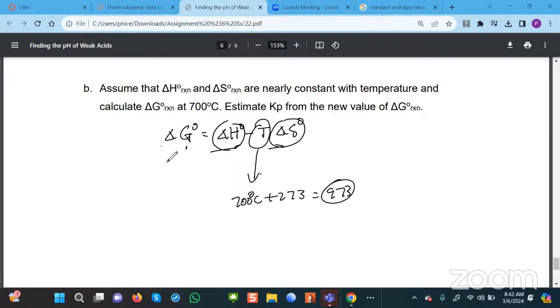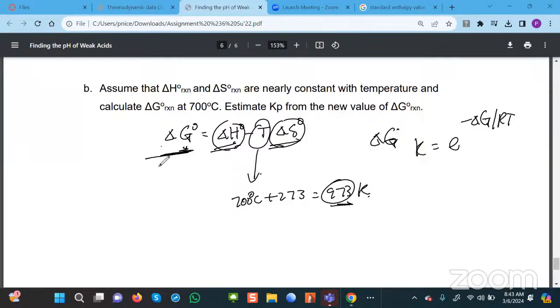So basically, you're going to find a new delta G value where the delta H and delta S are the same, but this time the temperature would not be 25 degrees or 298. It's going to be 973 Kelvin. And then based on that delta G value, you're going to estimate the new value of Kp, which is, again, e to the minus delta G divided by RT.